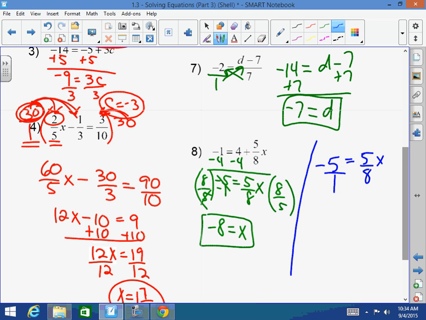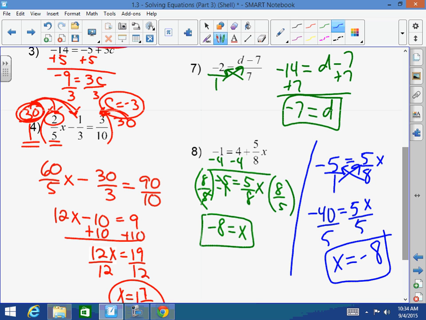This is over 1. You can cross multiply, okay? If you cross multiply, you're going to get negative 40 equals 5x, then divide by 5, and then x equals negative 8. There is absolutely nothing wrong with that. However, in my opinion, I think it's quicker to do it this way. But my opinion doesn't really matter as long as you understand the concepts and it works for you.